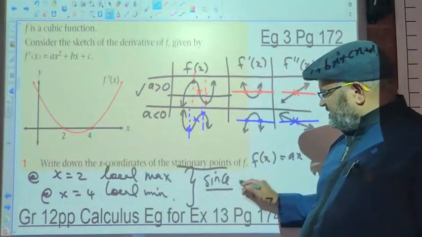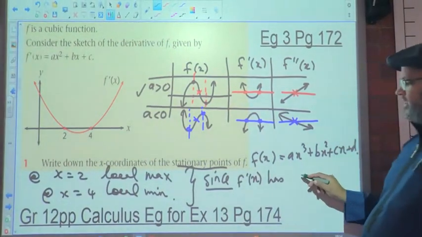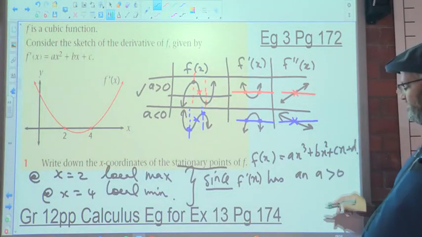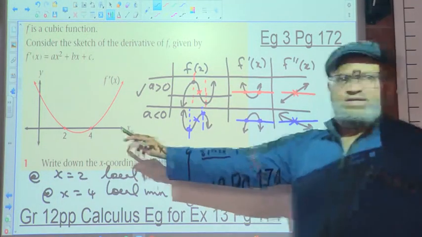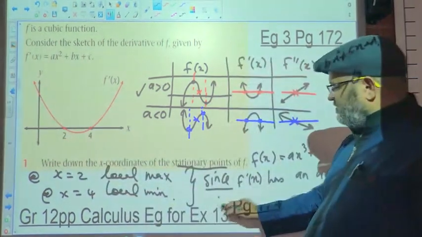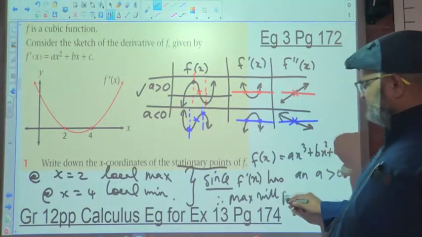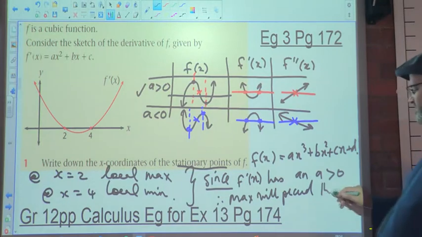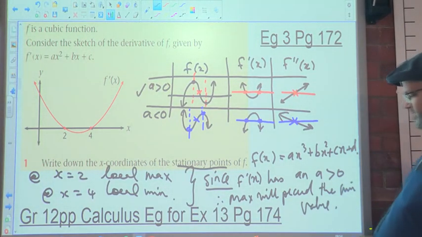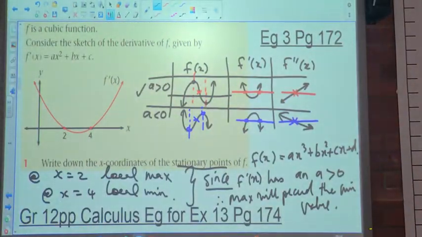So since f prime x has an a value greater than 0. How do we know it's greater than 0? You can see from the graph. Therefore, the maximum will precede the minimum value, or minimum turning point value. Yeah, you guys understand?